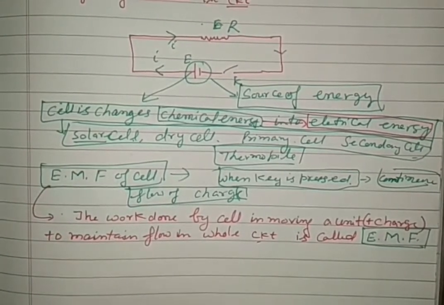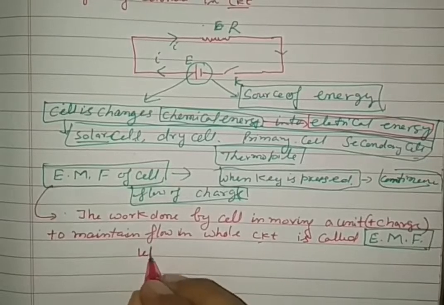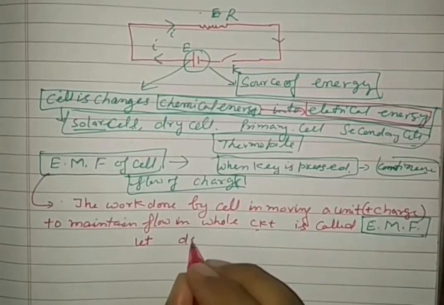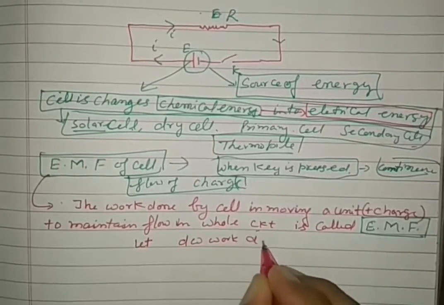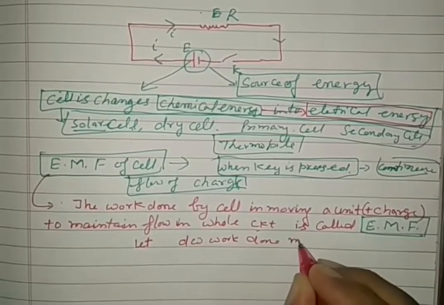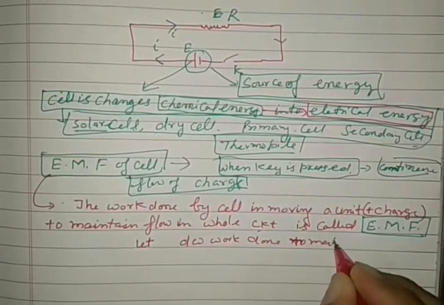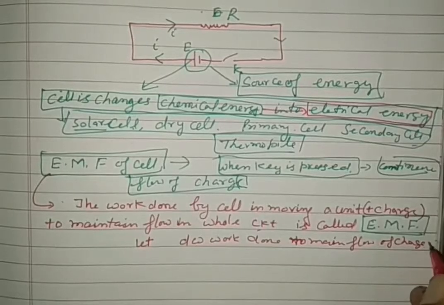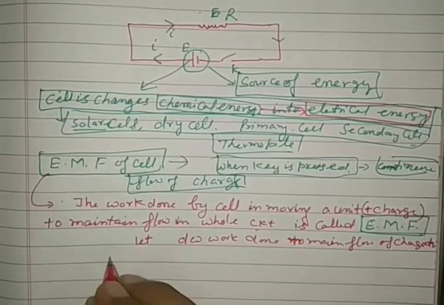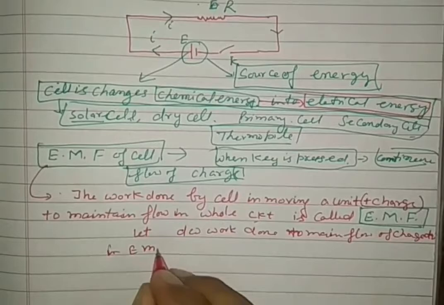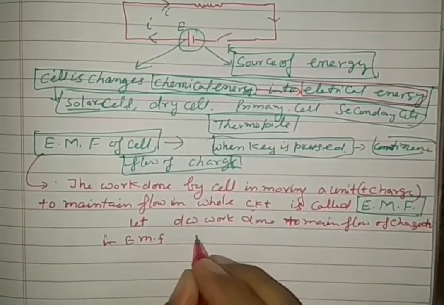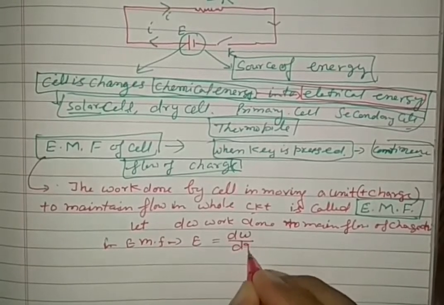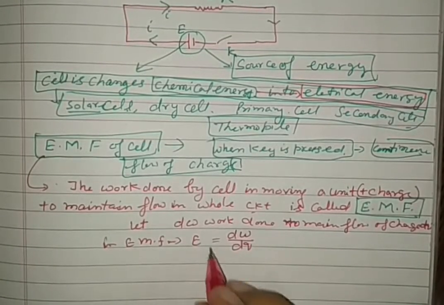Let dW be the work done to maintain flow of charge dq, then EMF, denoted by E, is the work done dW per charge dq. This is the formula.